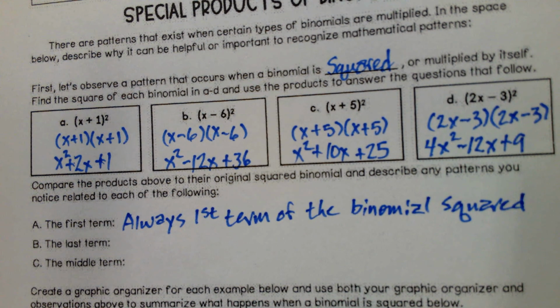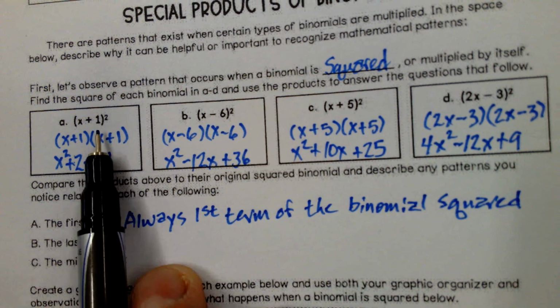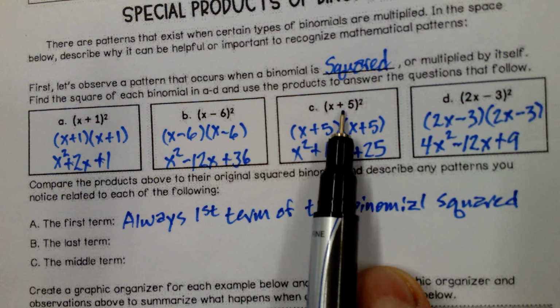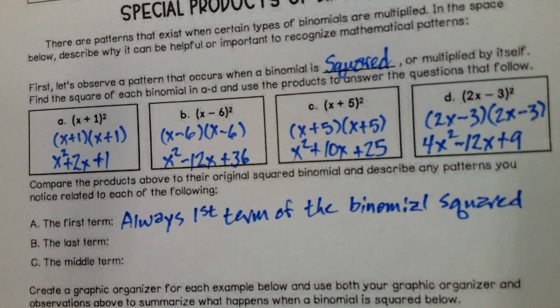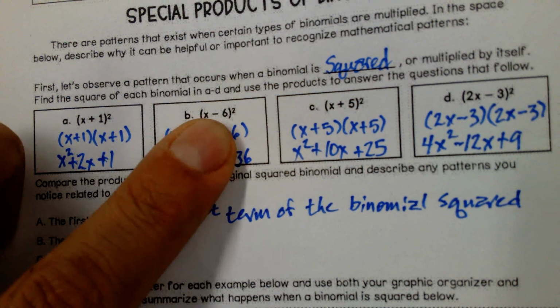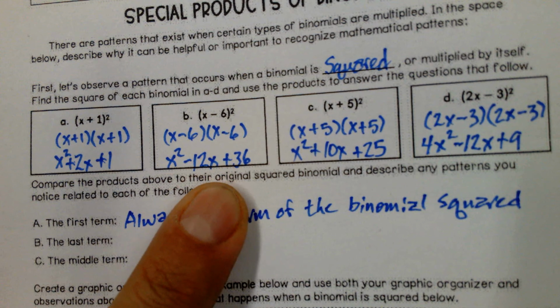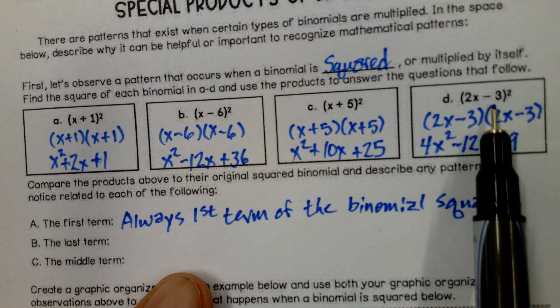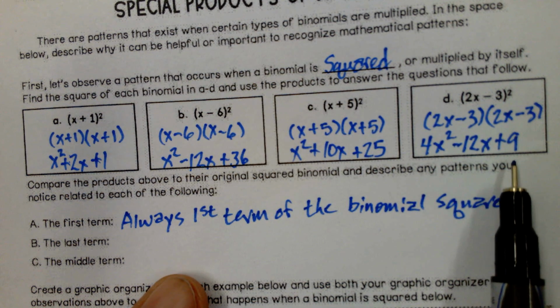Okay. Look at the last term, the 1, the minus 6, plus 5, minus 3. The last number squared. 1 squared is 1. Negative 6 squared is positive 36. Positive 5 squared is 25. Negative 3 squared is positive 9.